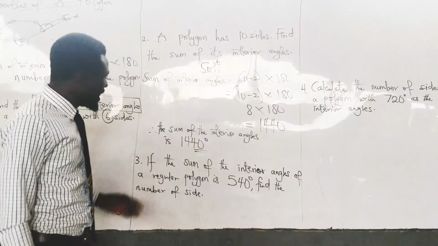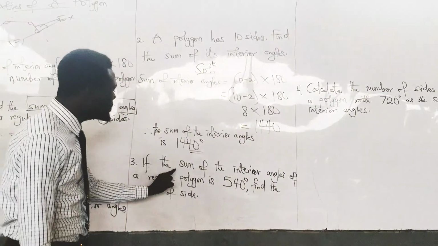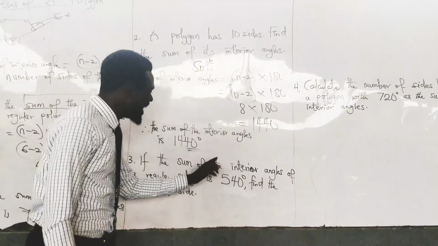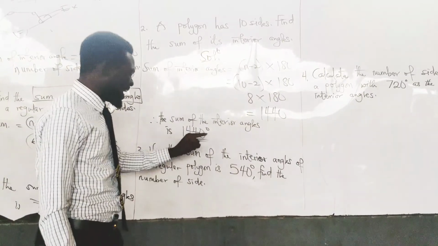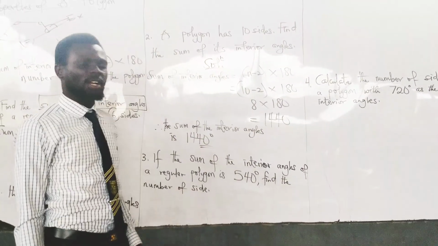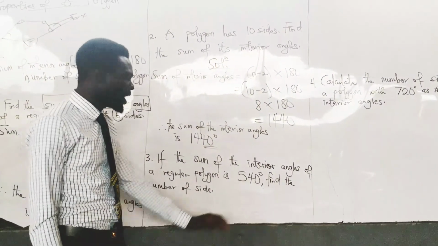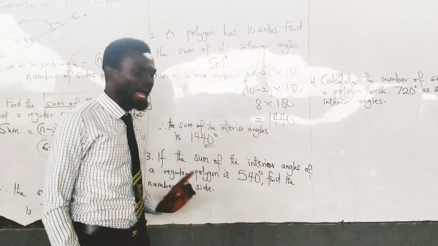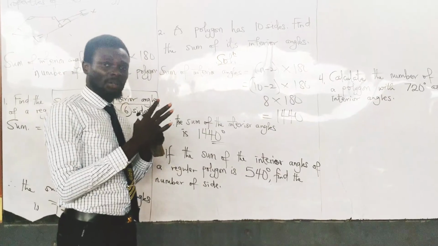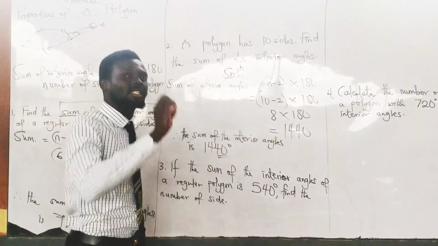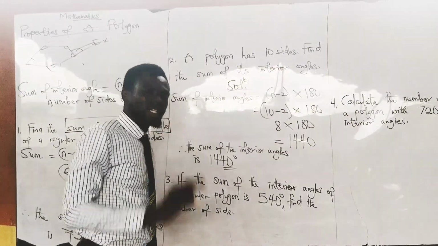When you read, it says that the sum of the interior angles of a regular polygon is 540 degrees. Find the number of sides. The sum of the interior angles has been given to you as 540 degrees.